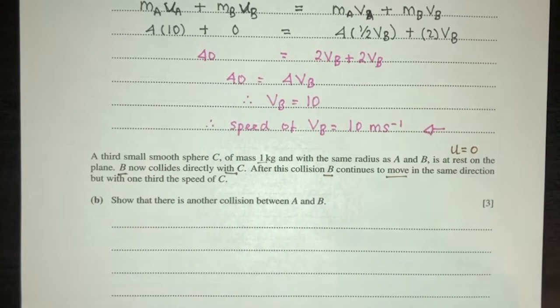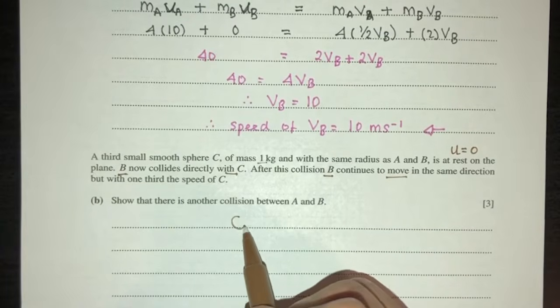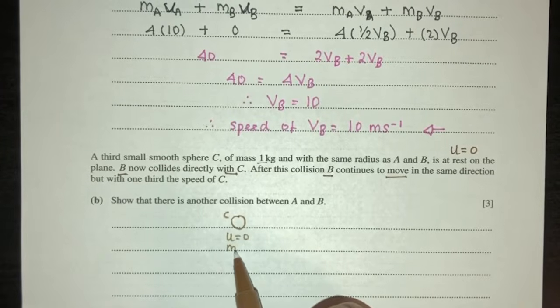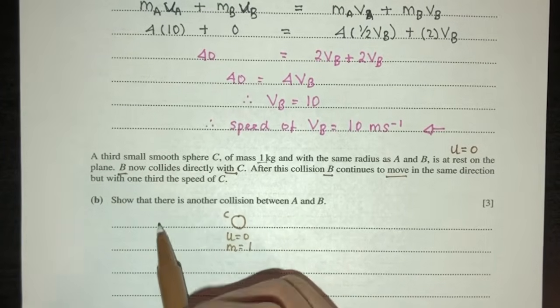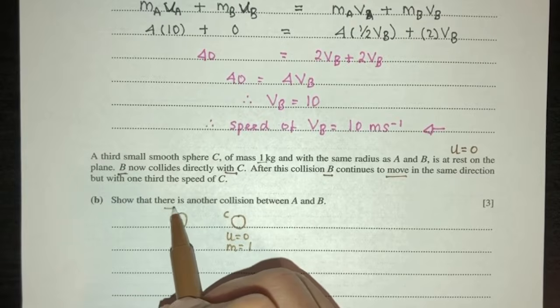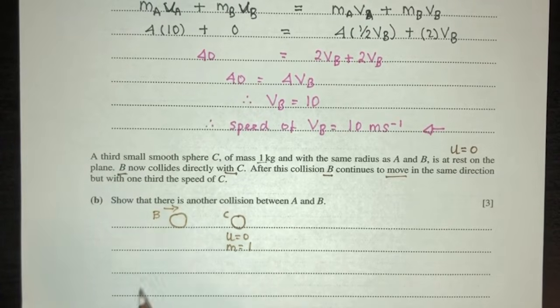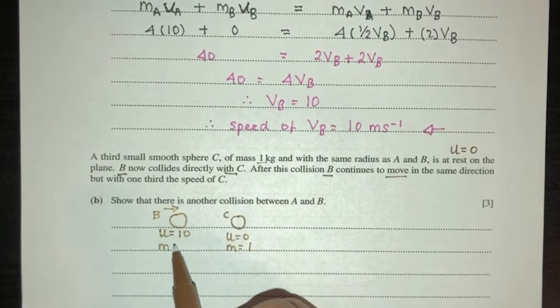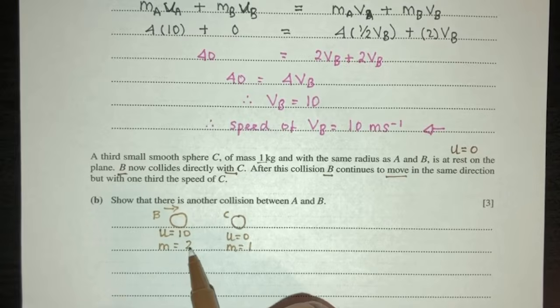So as always, let's make a drawing so we can understand what's happening. So C at first doesn't move, it's at rest. So we know U is 0 and the mass was given to be 1. Now B comes and hits C. This is B, and the U, as we have seen here, is 10, and the mass of B is equal to 2.